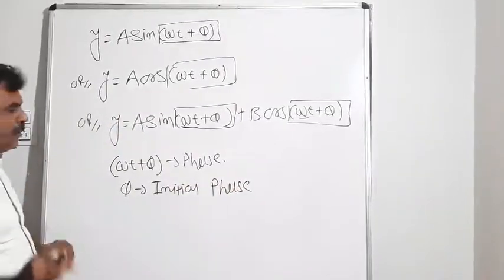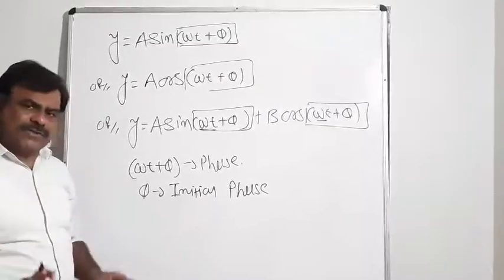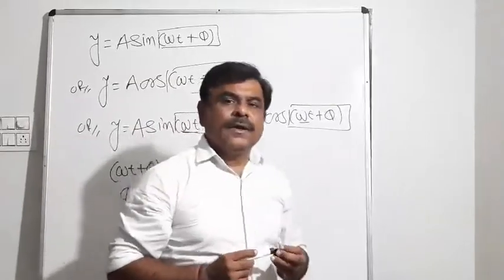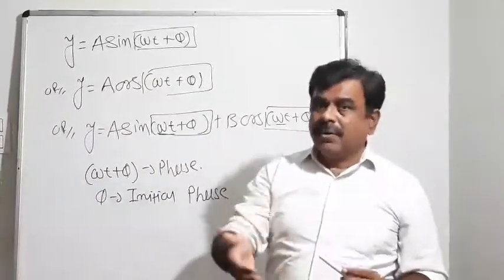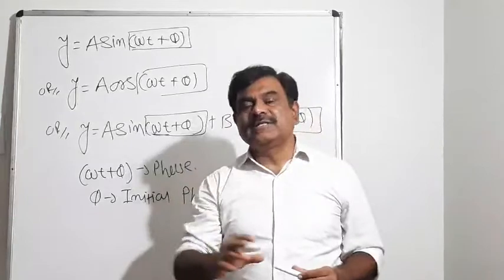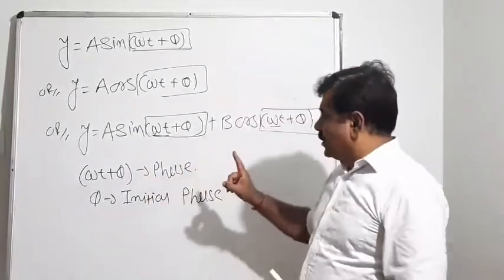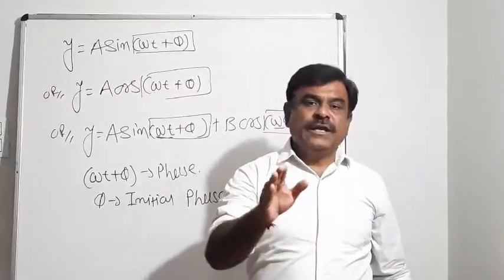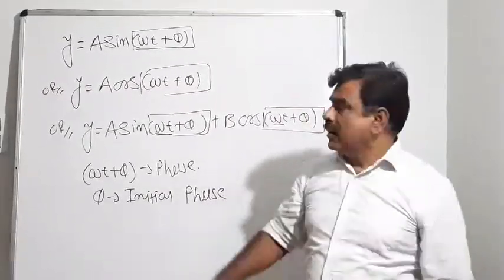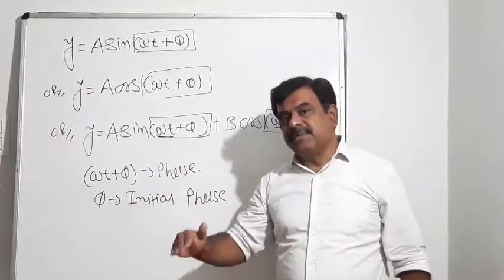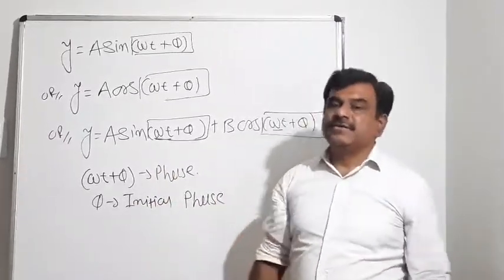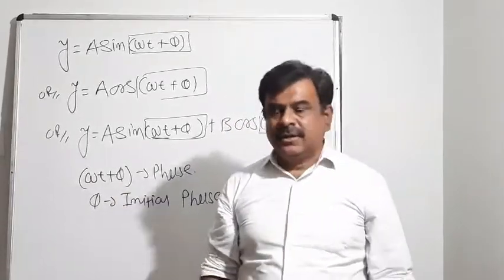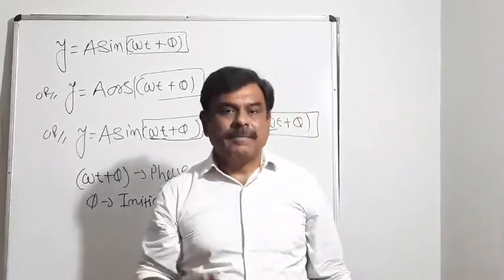Quite simple concept, you people know it, even if it is not in touch from last 1 year. Now, as far as initial phase is concerned, how do you decide the initial phase from the wording of the question? Remember, if motion starts from mean position, you will take initial phase 0. Motion starts from positive extreme of the path, initial phase will be pi by 2. And motion starts from negative extreme, initial phase will be 3 pi by 2.